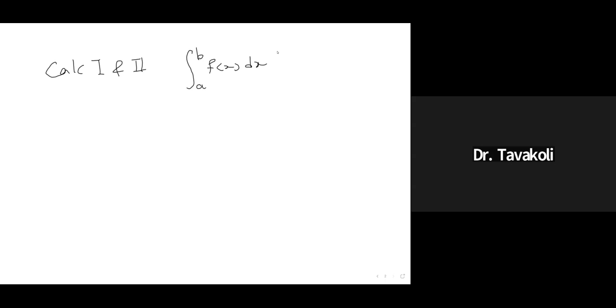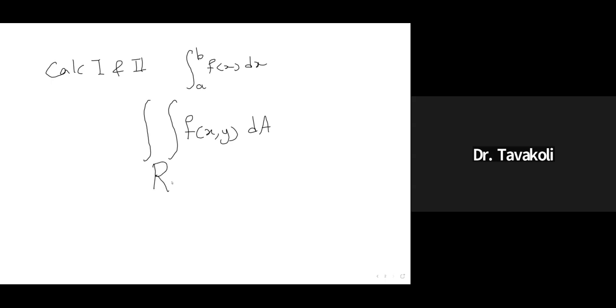In today's lesson, we talk about functions of two variables. Instead of dx, we have dA, the area infinitesimal. I'll let you know what it is. And here, instead of intervals, we integrate over some rectangular region.